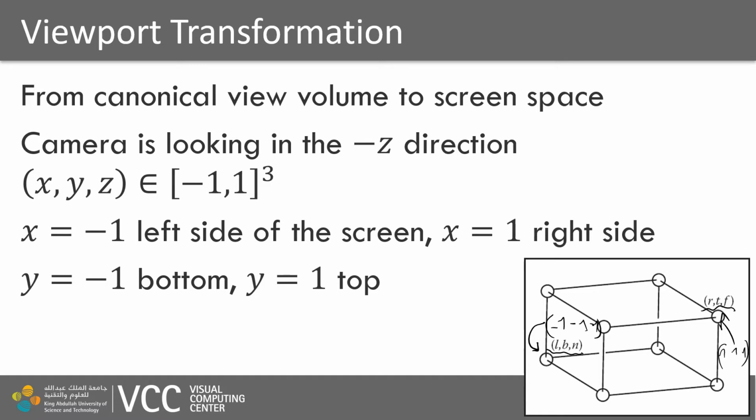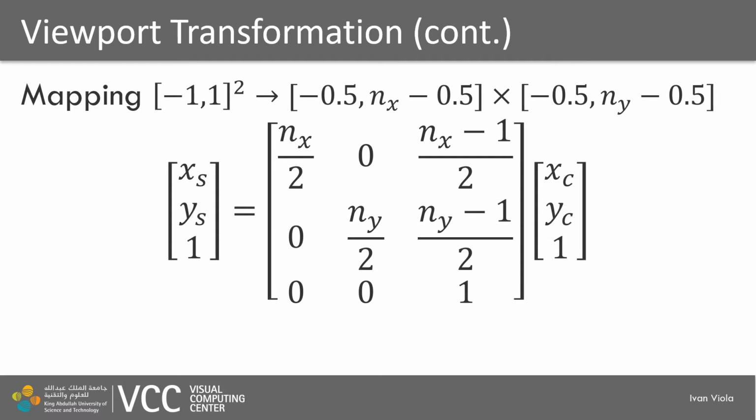Okay, so the x, y, and z values will then be within the range -1, 1, as shown here. And now we would like to map them onto the screen coordinates. The screen is defined by a certain resolution.